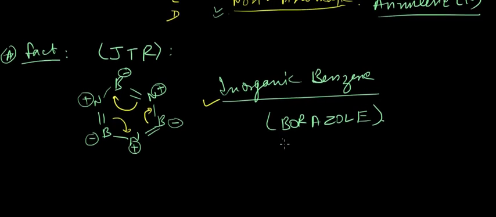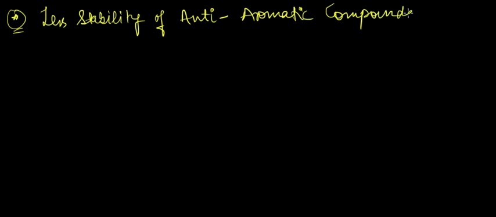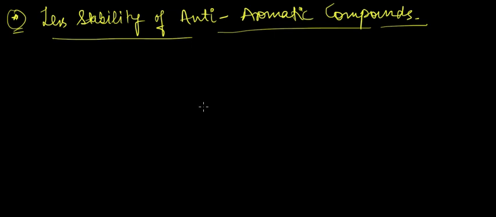Okay, so let us talk more about the less stable nature of anti-aromatic compounds. Less stability of anti-aromatic compounds. Okay, so anti-aromatic compounds exist in nature in the form of dimers at room temperature.